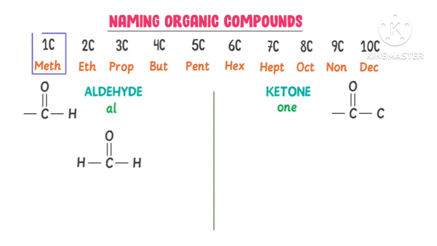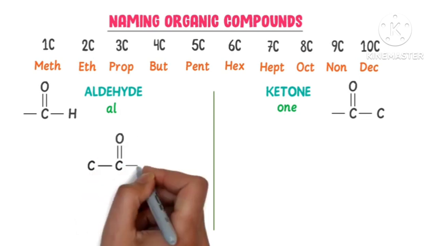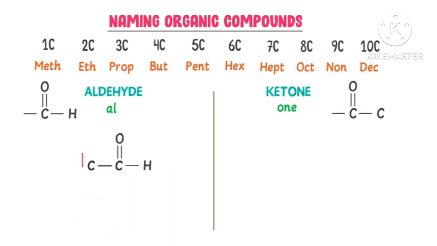There is only 1 carbon. I write methane. Also there is functional group of aldehyde. I write al for it. So I get methanal. Secondly, consider 2 carbon atoms and functional group of aldehyde is bonded to it. This carbon has formed 1 bond. Write H3. Now there are 2 atoms of carbon. I write ethane. Also there is a functional group of aldehyde.